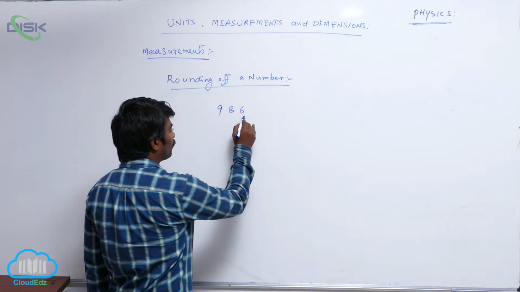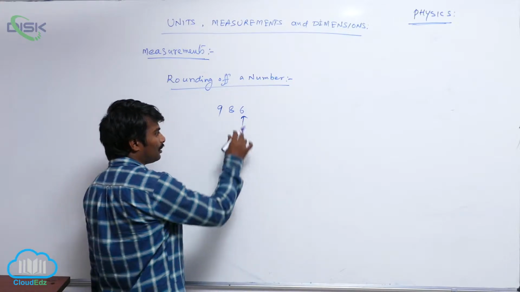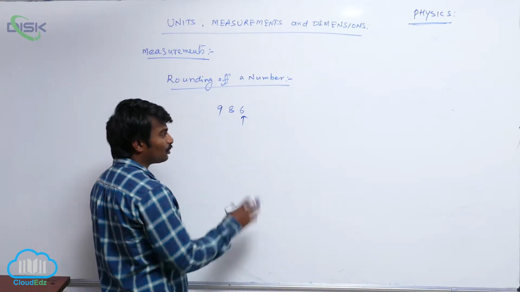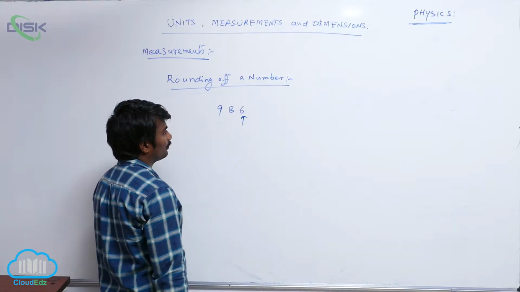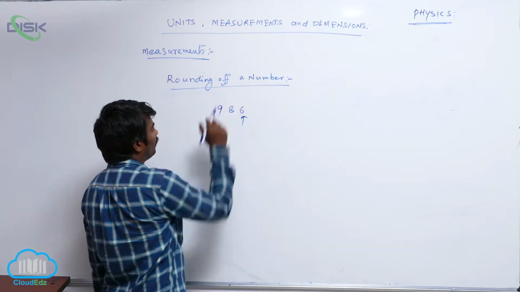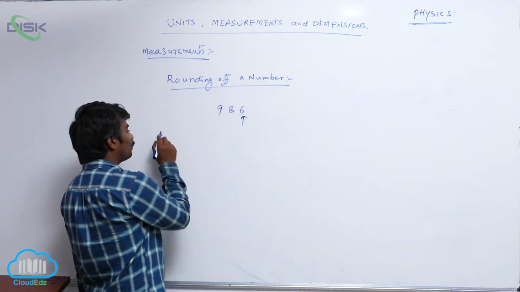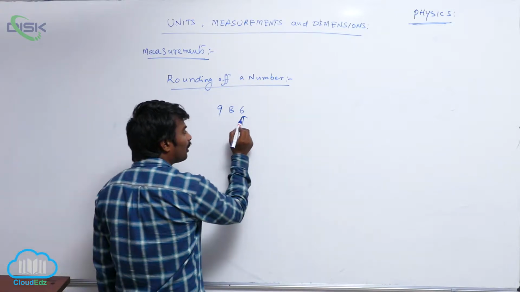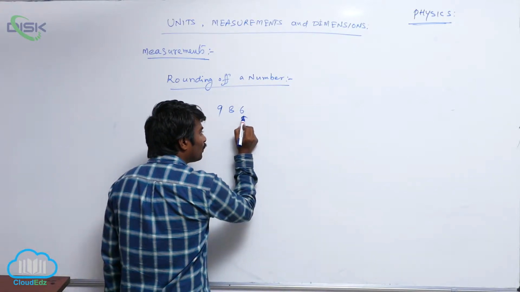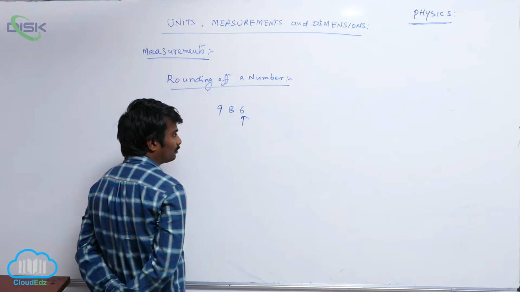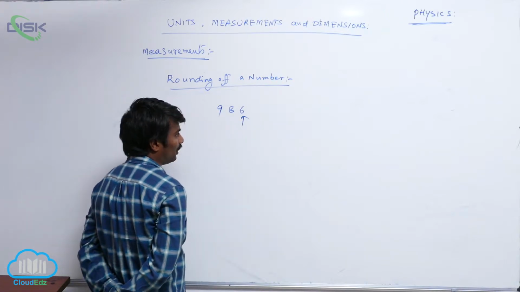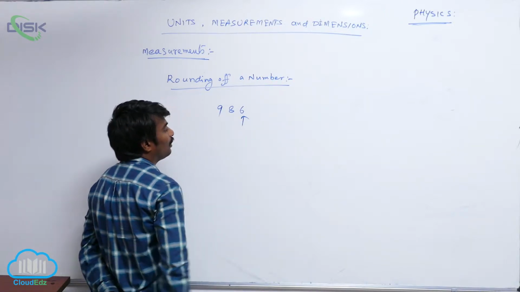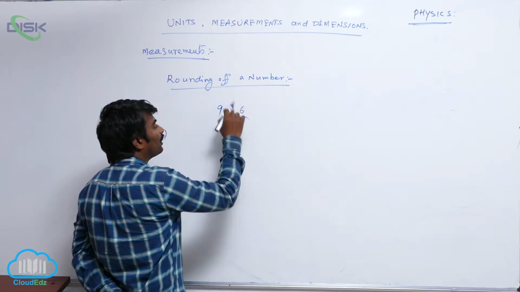Suppose you want to round off this number 986, some rules and regulations are there to round off the number. One rule is, suppose the digit which is to be dropped is greater than 5, then the preceding digit will increase by 1.